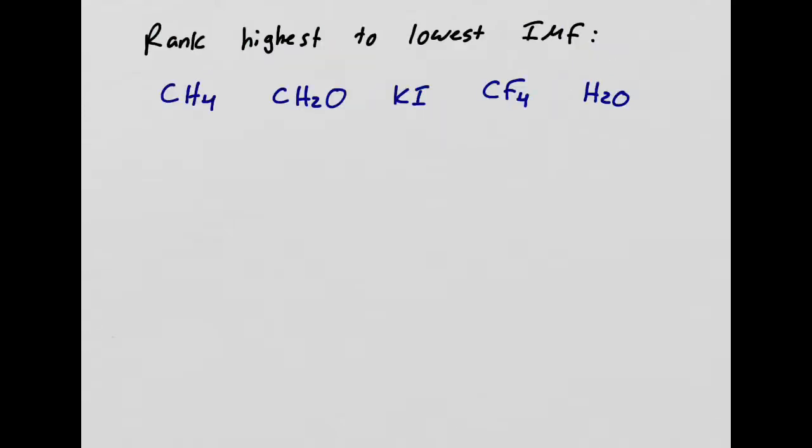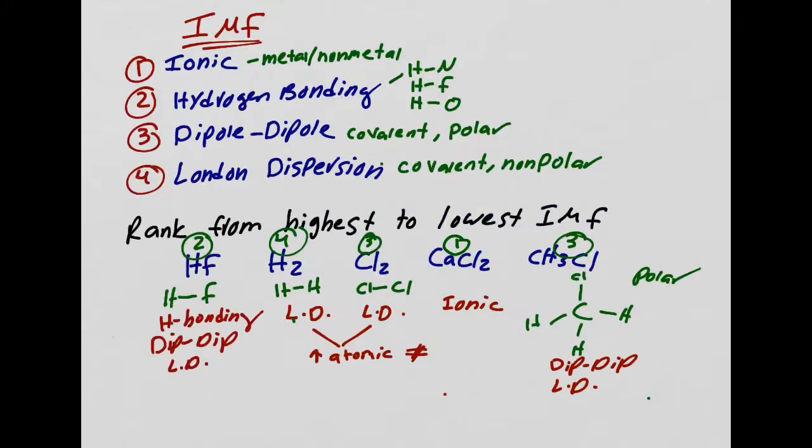Okay, let's do one more practice problem before I'm done with IMF. Before we do this, let's summarize. IMF is one of those things that when you go to organic chemistry, it's going to keep coming back, so I want you to have a really good foundation on this. The molecular forces are the things that hold the solid and liquid together. These are my IMF, from strongest to weakest.